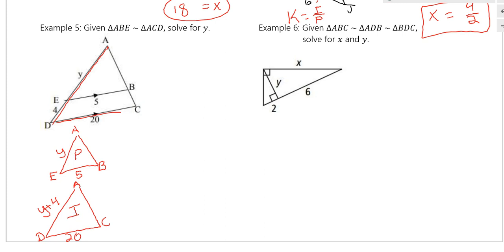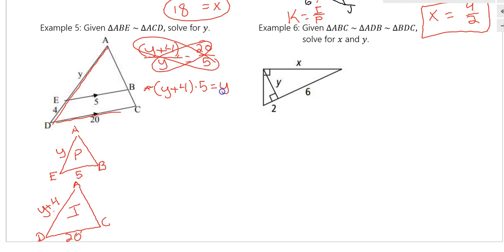Pre-image, image. So I over P, that's Y plus 4 over Y. I over P is 20 over 5. Make sure there's parentheses, and then cross multiply. Y plus 4 times 5 equals Y times 20.